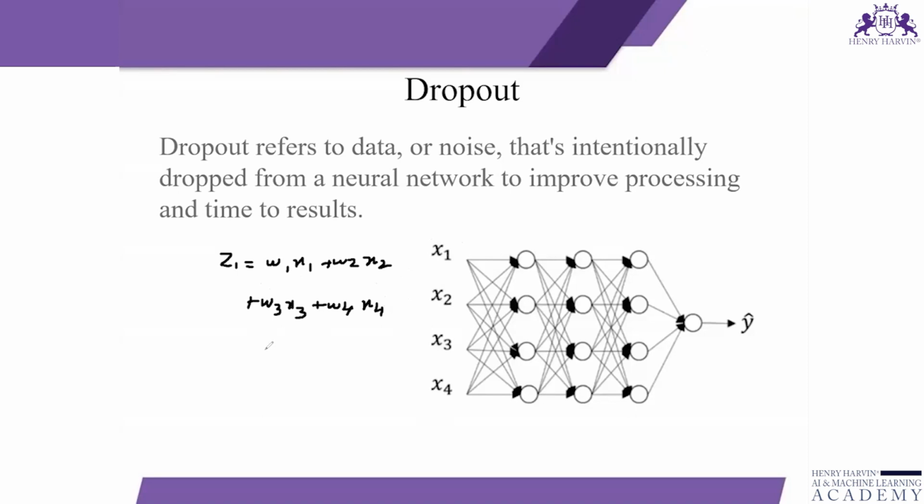Similarly, I'll write this for several cases, right? That would be the sum product of your weights and respective inputs, and this value is computed for all 4 of them. So we can write Z2, Z3, Z4, right? Okay, so Z1, Z2, Z3, Z4, and these may not be scaled.